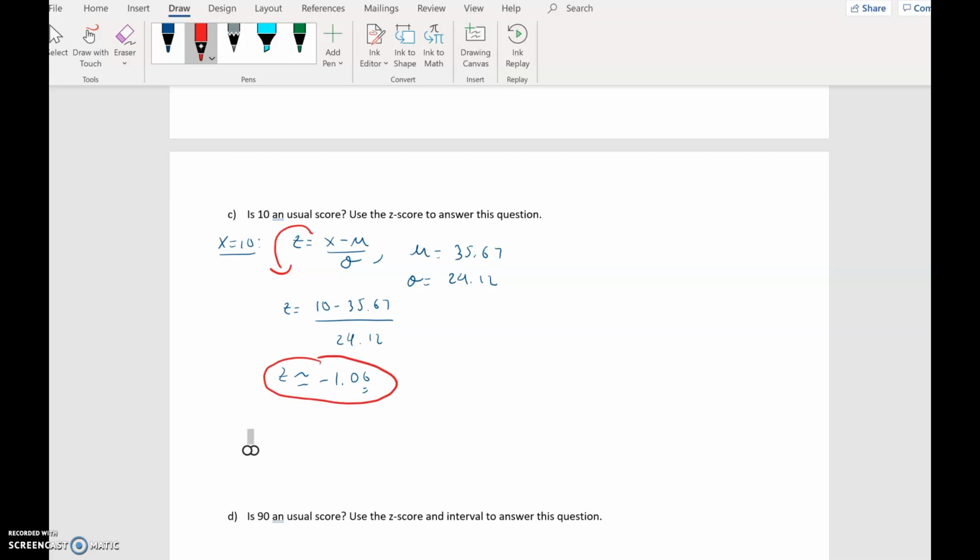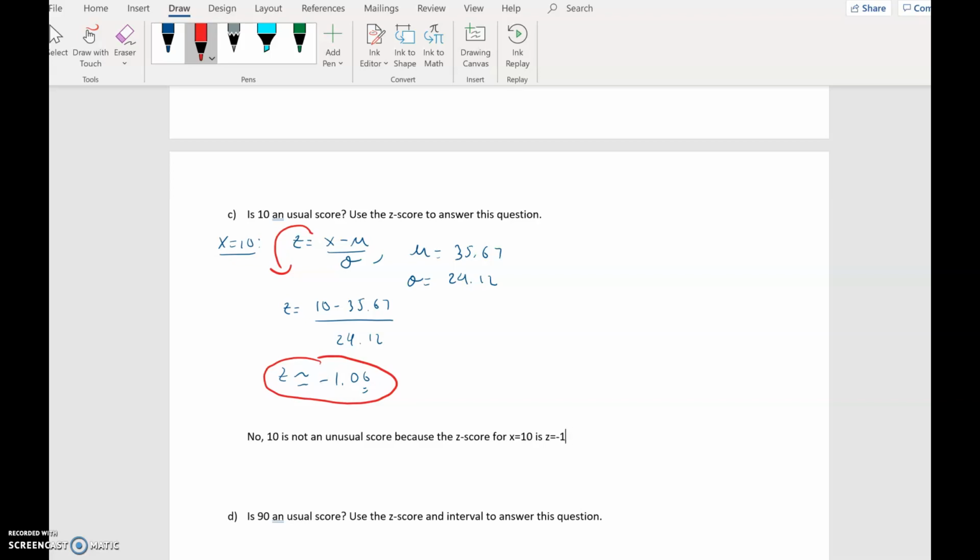Now, our proper answer here, it's going to be that no, 10 is not an unusual score. Because the z-score for x equal to 10 is technically z approximately equal to -1.06.